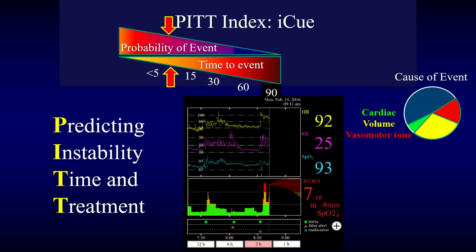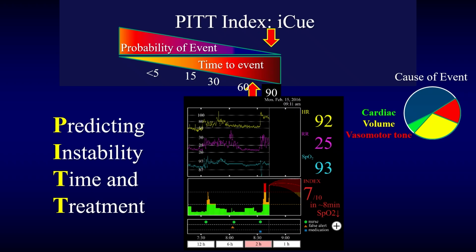In this case, 7 minutes from now, it'll be a fall in SpO2. And finally, on the right side is the cardiovascular status of the patient and which processes are primarily determining the state at the moment. And what happens is when you start treating the patient, the probability of the event falls and you run away from the time that it will occur.